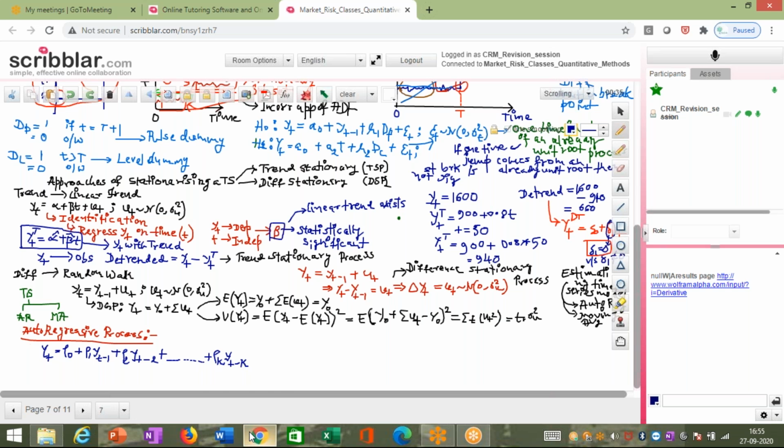So what do I have over here? I have rho 1 yt minus 1 plus rho 2 yt minus 2, and like this, up to rho k yt minus k. So for an autoregressive model, the yt, the dependent variable, is being explained by the historical lags of the dependent variable, plus the random error term ut.